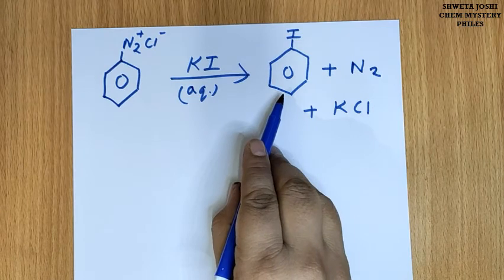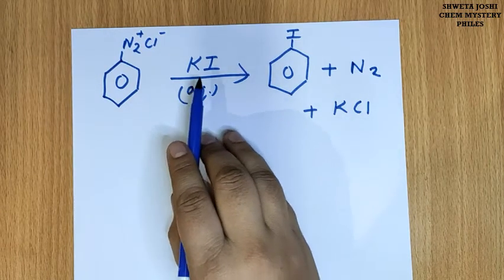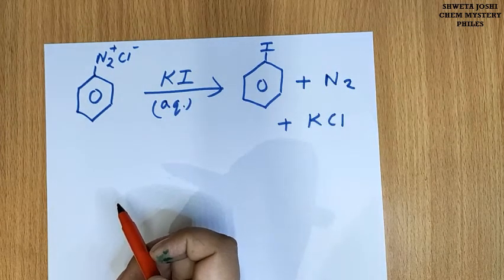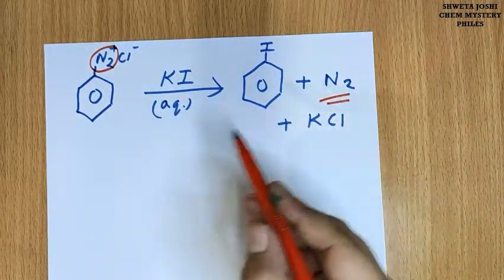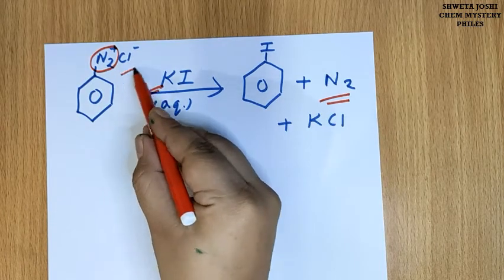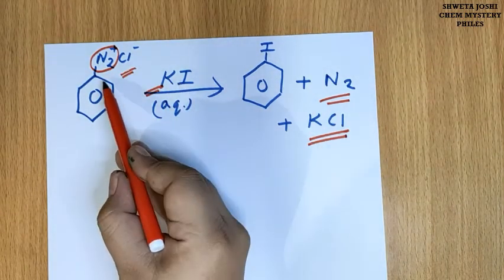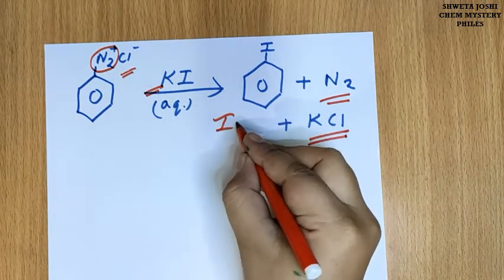So you can prepare iodobenzene simply by treating benzene diazonium chloride with aqueous potassium iodide solution. The N2 is removed in the form of nitrogen gas, K will react with Cl to form KCl, and the I group will be substituted here, forming iodobenzene.